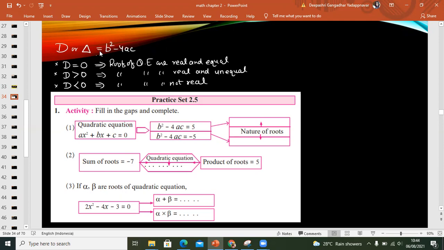And then after this, you should also know the formula for how to write the quadratic equation if the two roots are given to you.